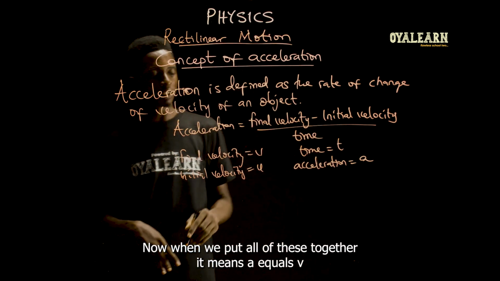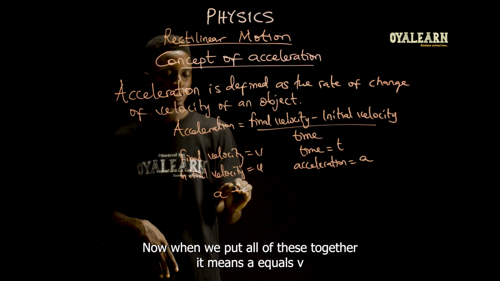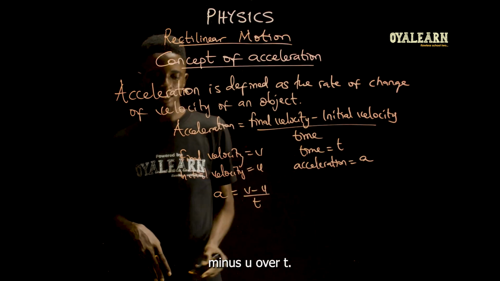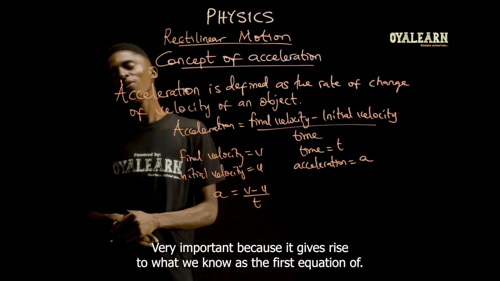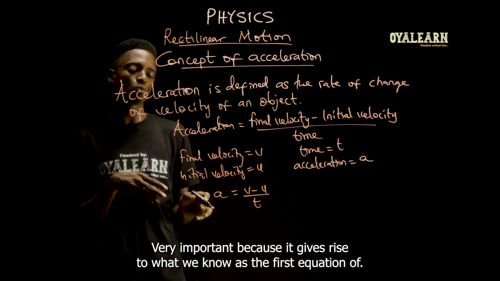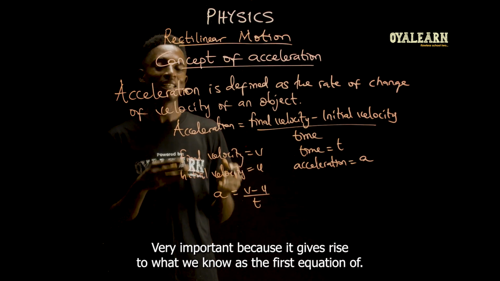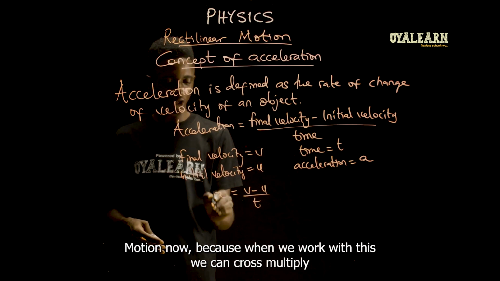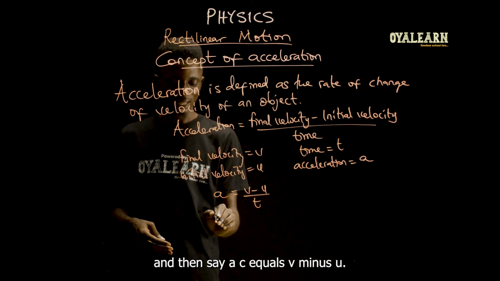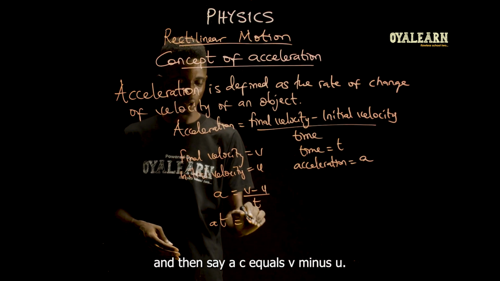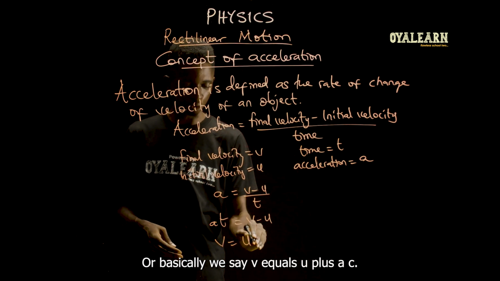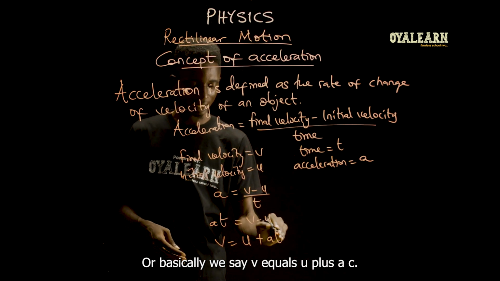Now when we put all of this together, it means a equals v minus u over t. Now this itself is very important because it gives rise to what we know as the first equation of motion. Now because when we work with this, we can cross multiply and then say at equals v minus u, or basically we say v equals u plus at.